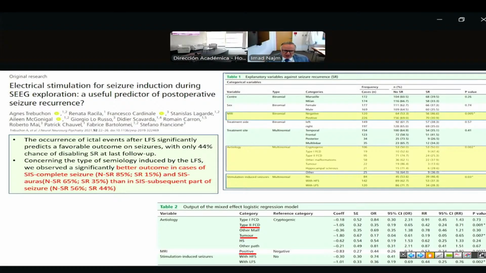And probably the seizure onset zone is induced by the low frequency stimulation. In our setting, we use both low frequency stimulation and high frequency stimulation. And again, the value of this is if we can 100% reproduce the electroclinical anatomical manifestation of the recorded seizure. Otherwise, the value is questionable.